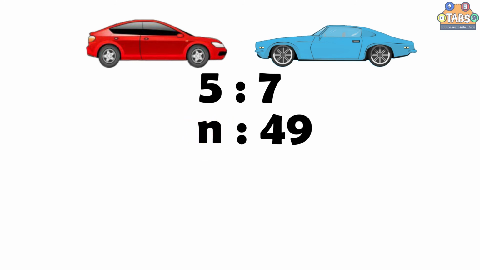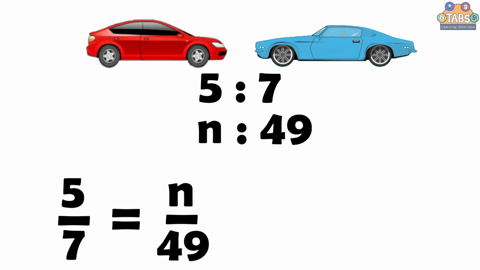Then, write the given ratios of 5 red cars over 7 blue cars, and it is equal to n red cars over 49 blue cars.